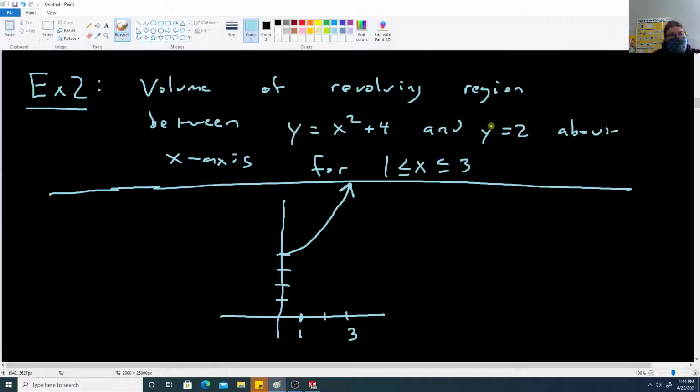We're looking at that region and the line y equals 2, which is the horizontal line here. So the area we're going to revolve looks something like this, where the outer radius is given by the function x squared plus 4, and the inner radius is given by the line y equals 2.